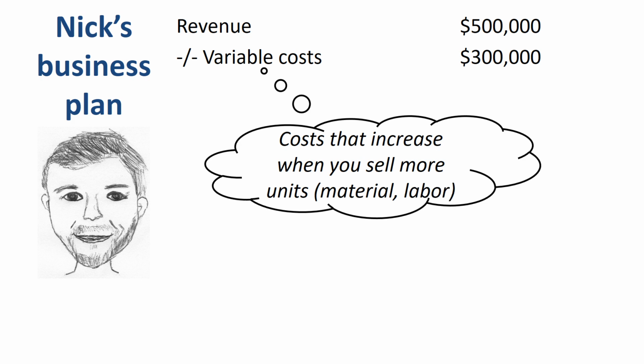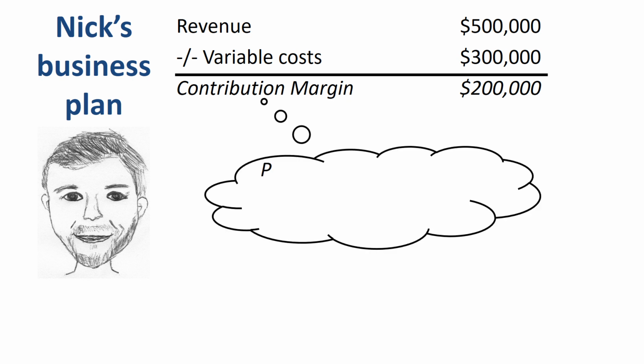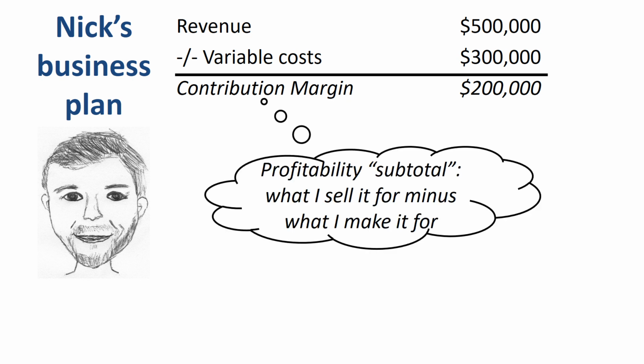Examples of variable costs are raw material, production labor, and the electricity that is needed to run the production equipment. If Nick takes revenue and deducts variable costs, he gets to contribution margin of $200,000. This is a profitability subtotal. What he sells his products and services for minus the amount he makes them for.